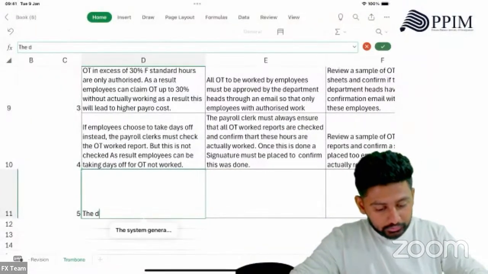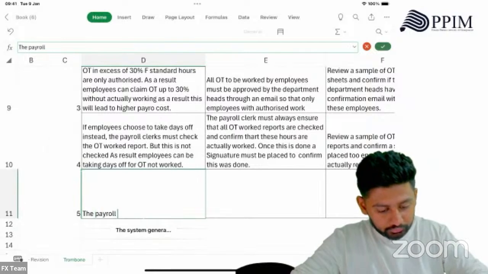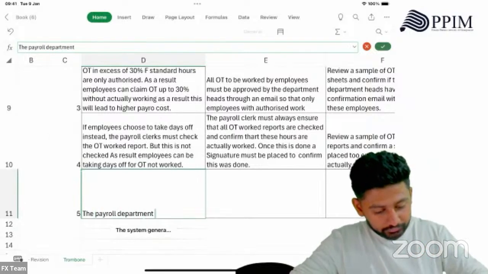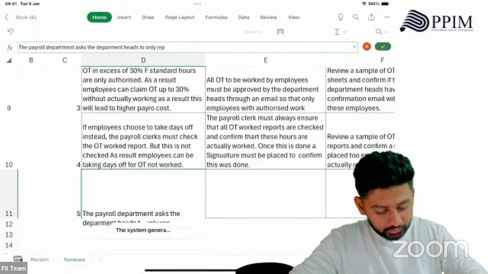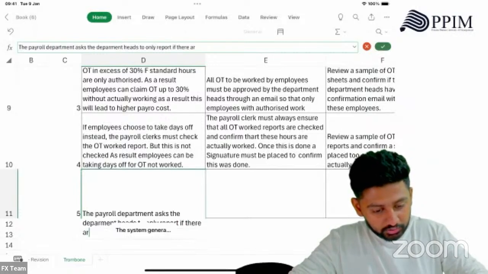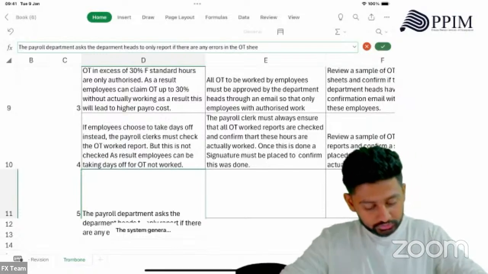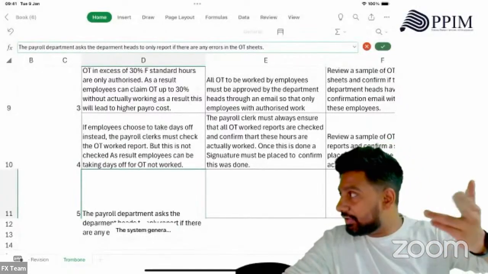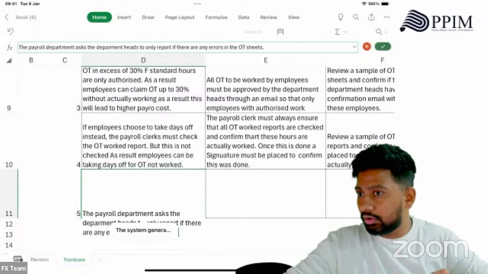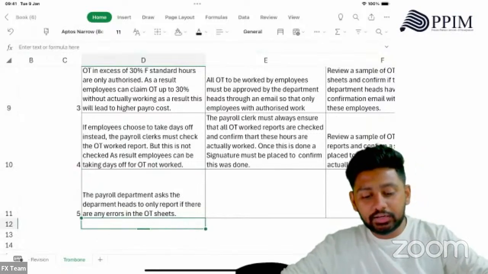So the payroll department asks the department heads to only report if there are any errors in the OT sheets. Now, let's say, for example, an email is not delivered or there's a problem with the system, then you do not know. So payment would obviously automatically be approved.